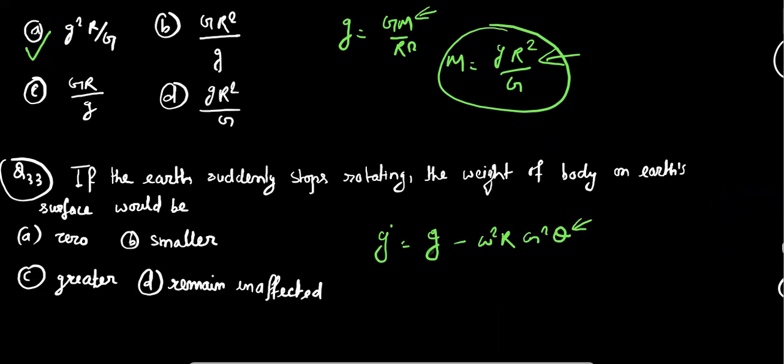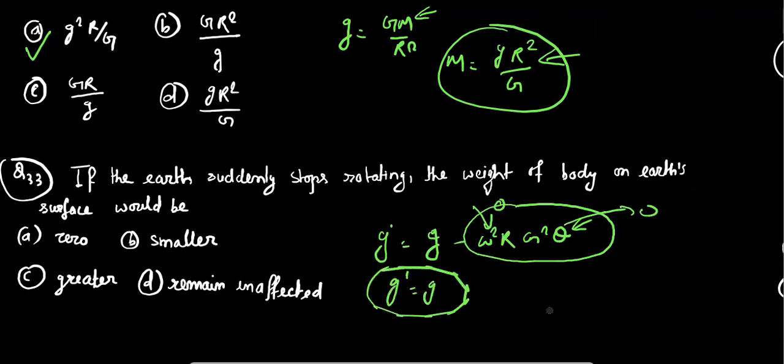As the question said that omega is 0, that means Earth stops rotating, which means that overall this value will be 0, and g dash becomes equal to g, that means there is no change in the acceleration due to gravity. So option D is the correct option.